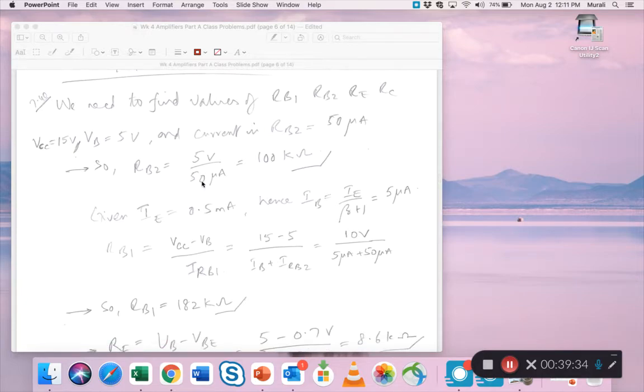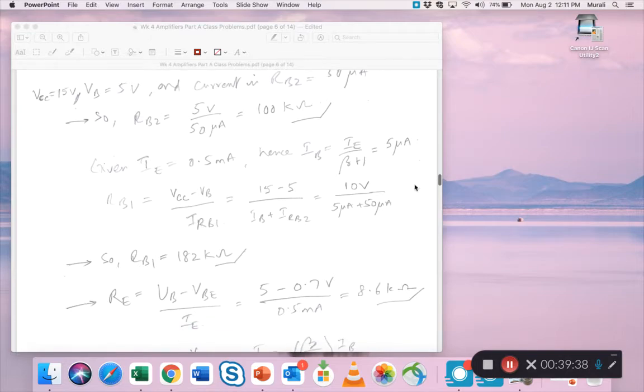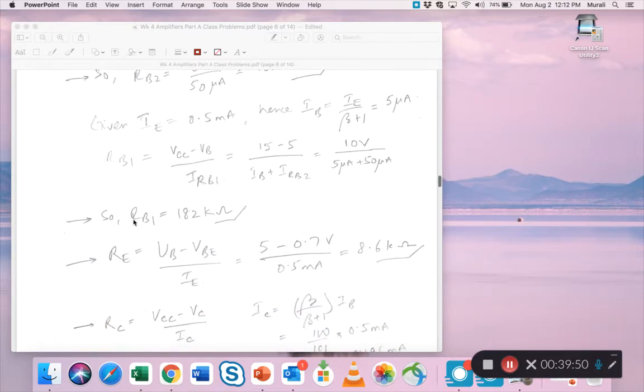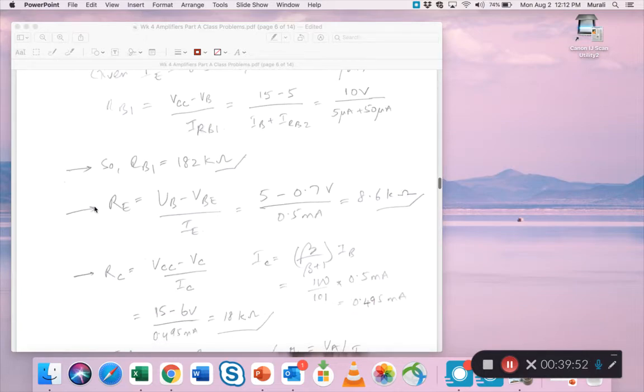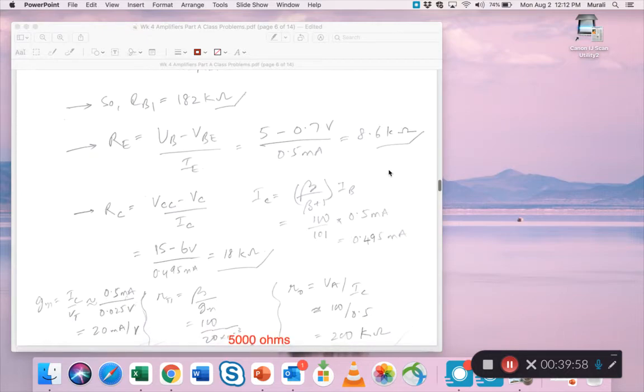So RB2 is 100 kilo ohms given IE, hence IB is 5 micro. RB1 becomes VCC minus VB by IRB1, which is 182 kilo ohms. Our emitter resistor using this formula comes out to be 8.6 kilo ohms.